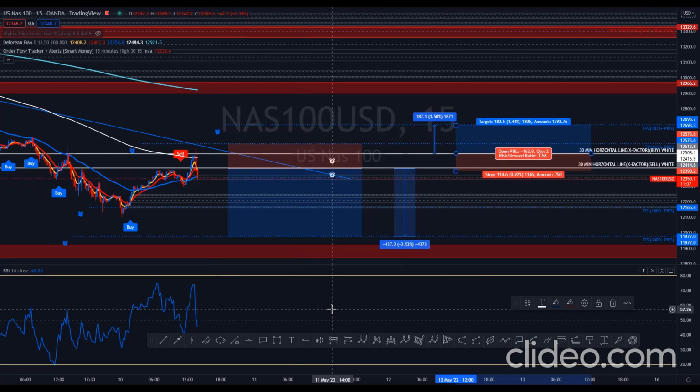There we go. Another 23. Another $20 profit. Let's go. There we go. Another $20 profit there.